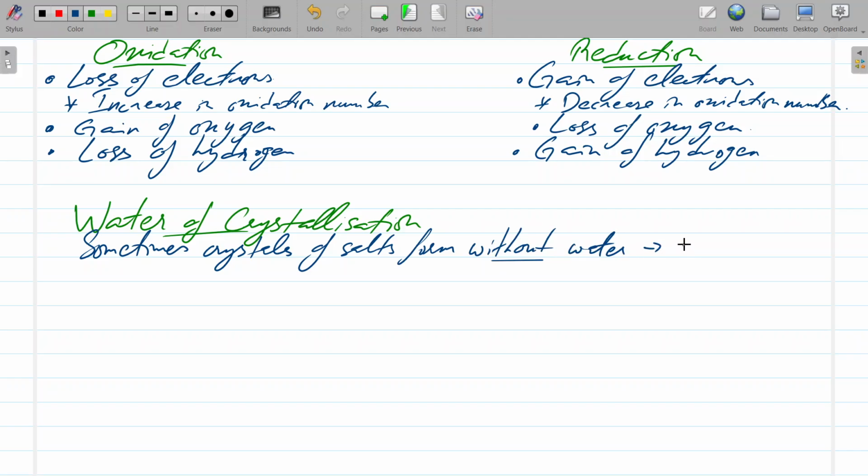And in that case, they are called anhydrous. An meaning no, and hydrous meaning water. So they don't have any water in them, right? They're called anhydrous. But right, many of the salts are actually hydrates.